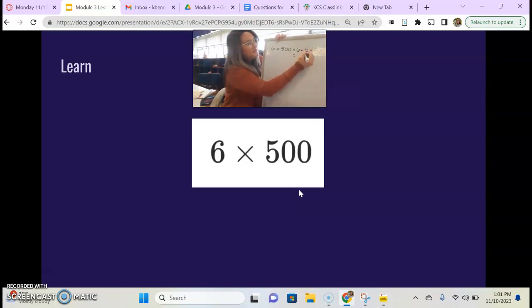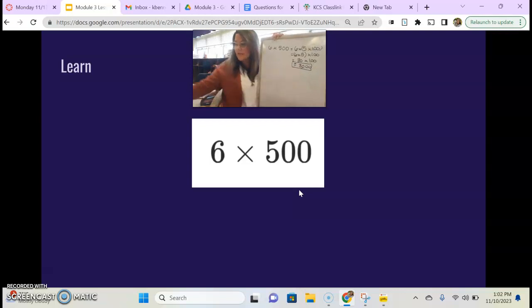Instead of keeping the 5 and the 100 together, I'm going to multiply 6 times 5 first. 6 times 5 is 30, and 30 times 100: 30 times 1 is 30, then I've got to multiply that by 100. It is 3,000.